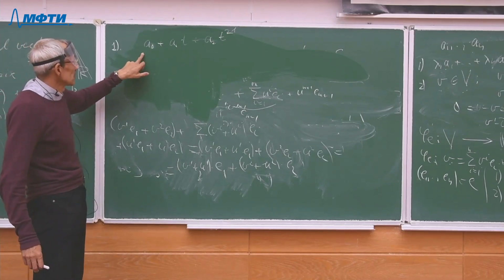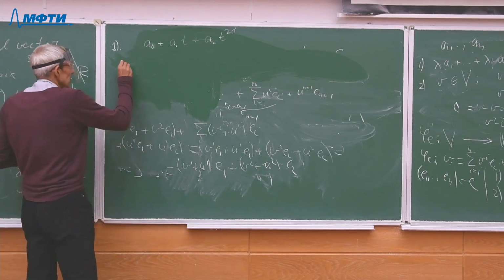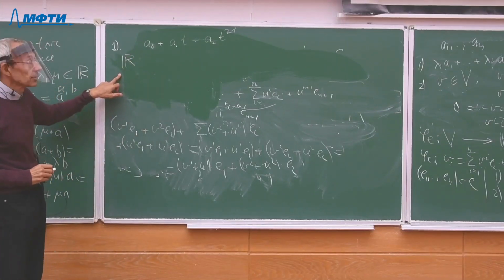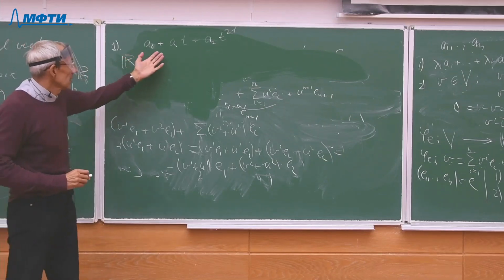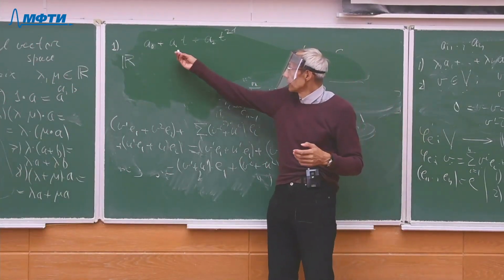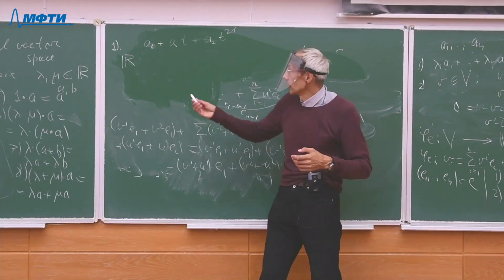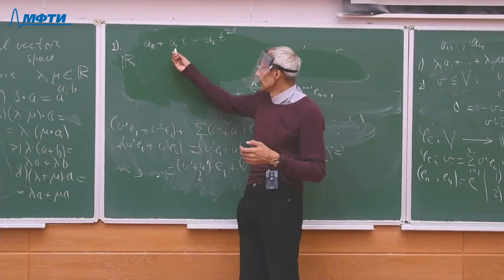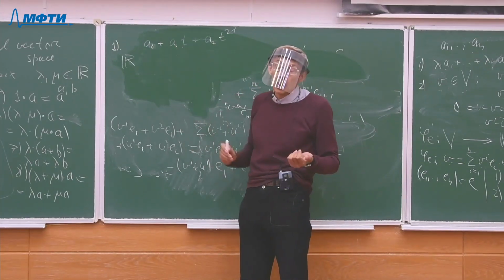I consider, for example, the basic field to be R, the real number field. And I have the following function defined by this formula, and in this case t is the variable.